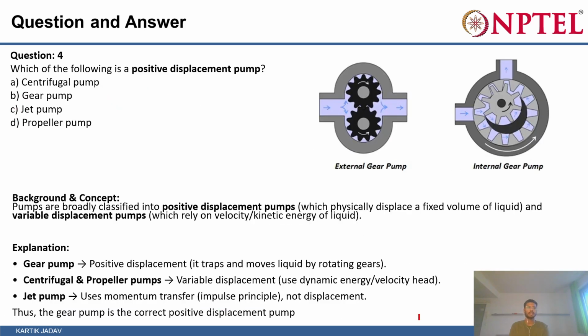Answer is option C. Now, which of the following is a positive displacement pump? We know that pumps are broadly classified as positive displacement pumps and variable displacement pumps. A positive displacement pump physically displaces a fixed volume of liquid, while a variable displacement pump relies on velocity and kinetic energy.